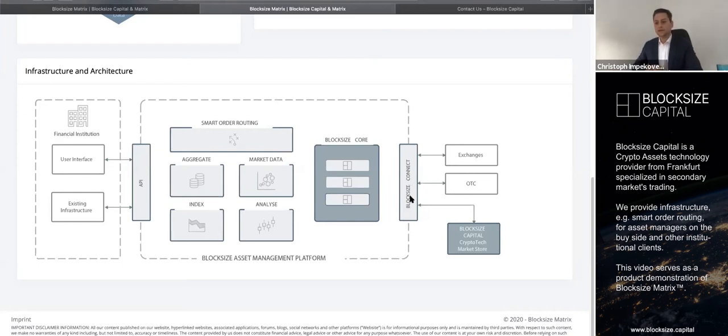And it's a fault-tolerant, completely cluster-based Kubernetes cluster, ensuring 99% uptime over a year. Usually it's better, but that's guaranteed by our SLAs.